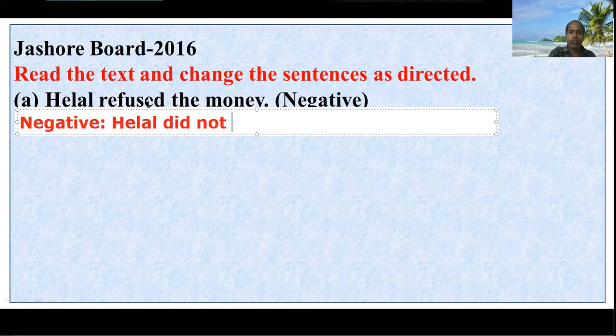And you have to set the antonym of the keyword of this sentence. In this sentence, keyword refuse, antonym take. You have to write take. And you have to write the next part of this sentence.